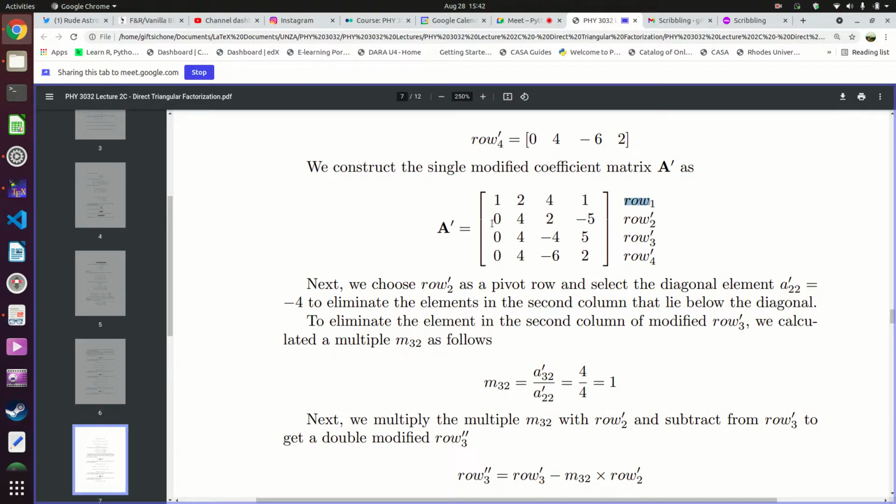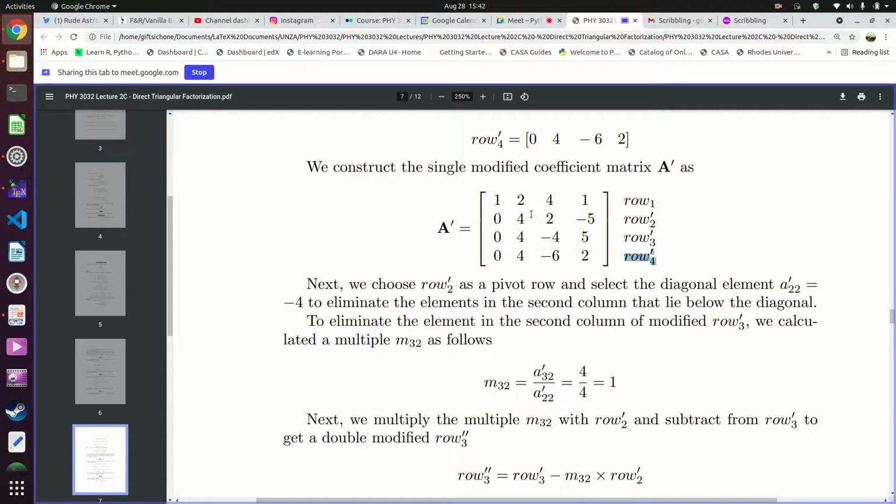Then for row number 2, we have got 0, 4, 2, minus 5. That's your row number 2 modified ones. Then for row number 3, you've got 0, 4, minus 4, 2. That's your row number 3 modified ones. Then for row number 4, you've got 0, 4, minus 6, minus 2. That's your row number 4 modified ones. So this is what you get. Okay? Are we clear?